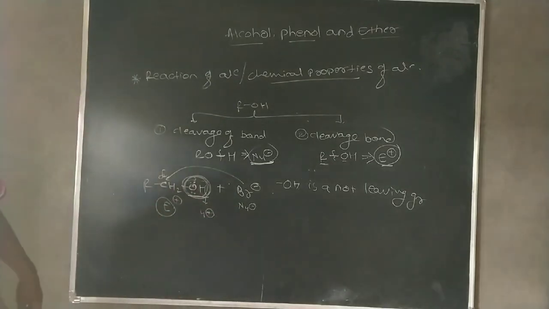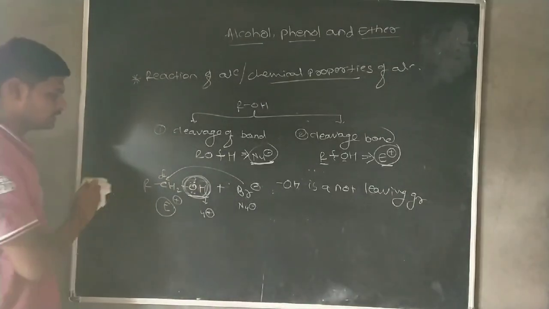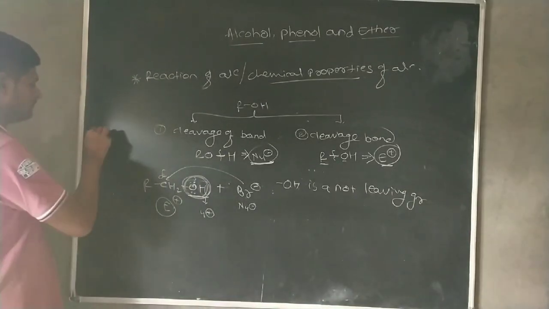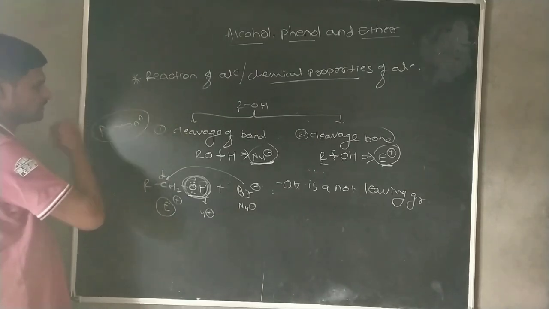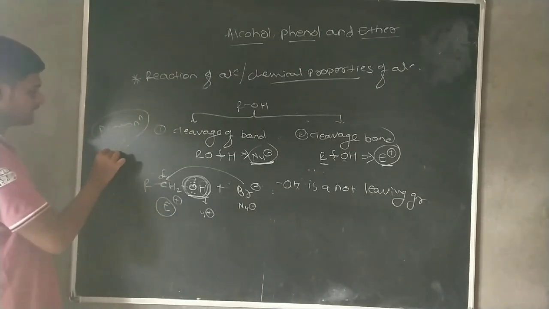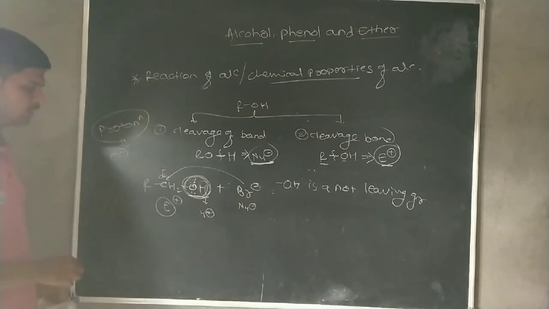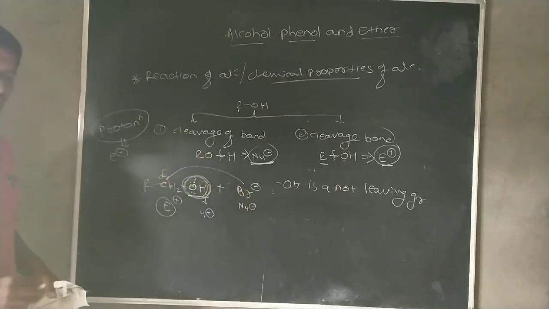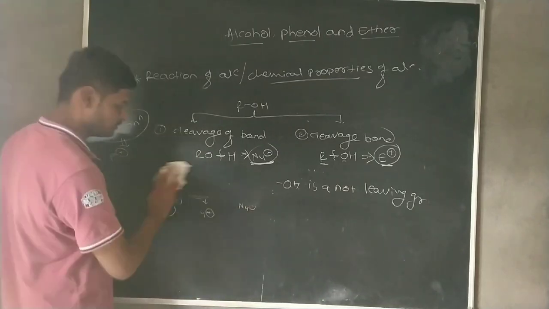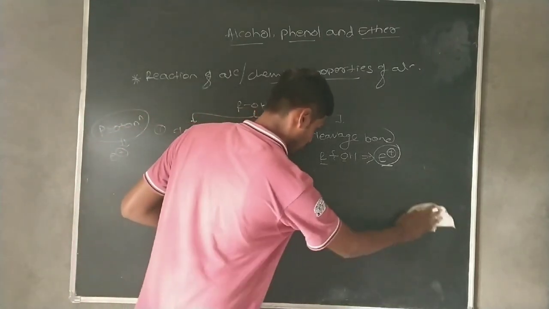Okay, but it forms by protonation of alcohol. That means the electrophile is generated by the protonation of alcohol, not by the nucleophile directly attacking the electrophile. Then we can see the point of protonation of alcohol.